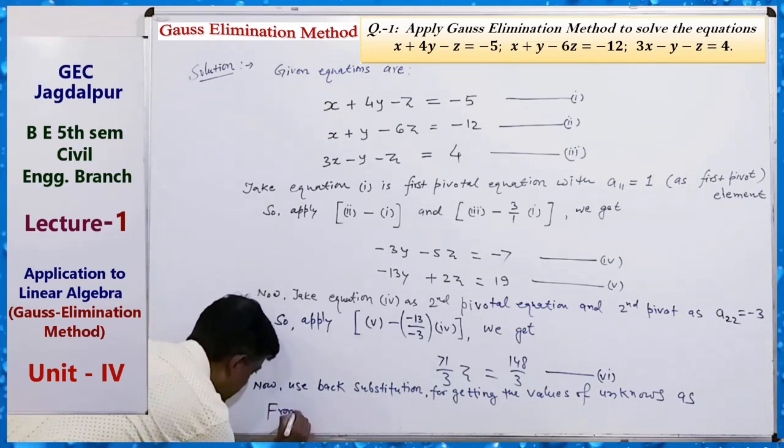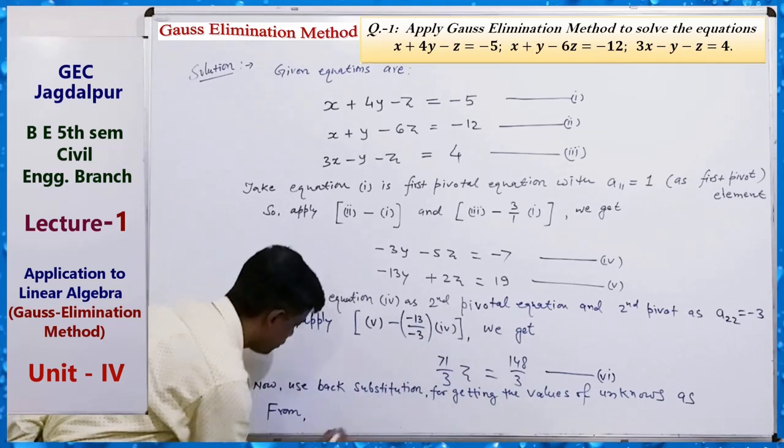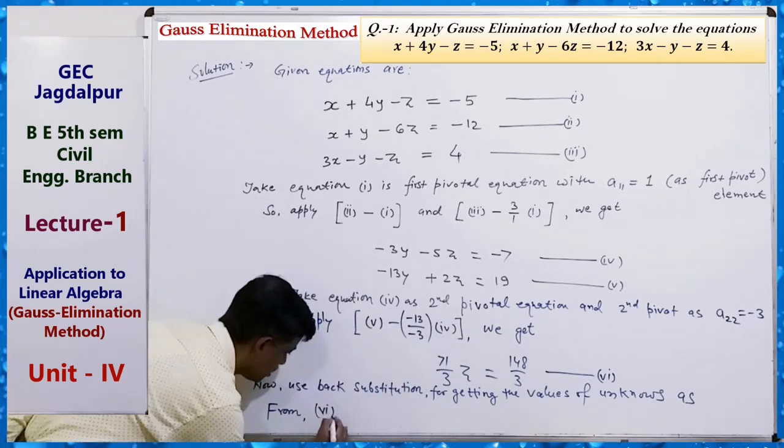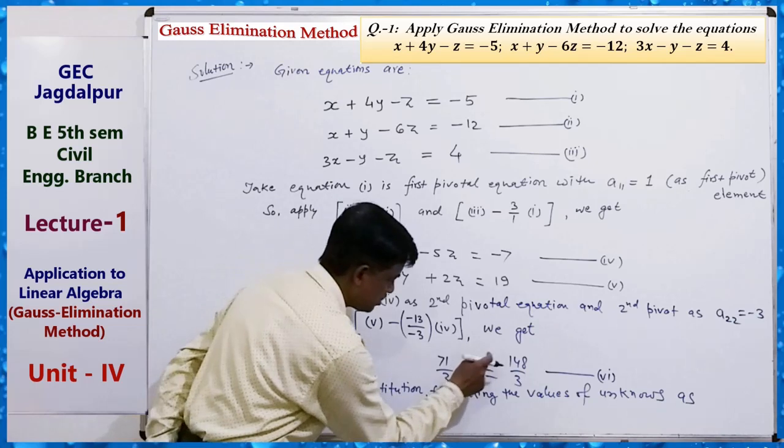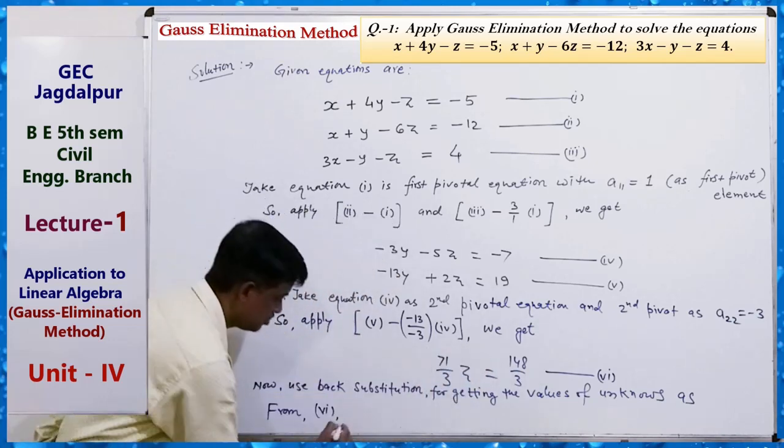Back substitution means from the last equation, from 6, we can get z equals to 148 by 71.